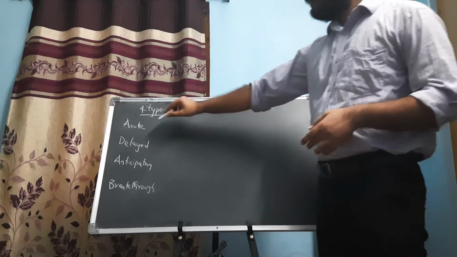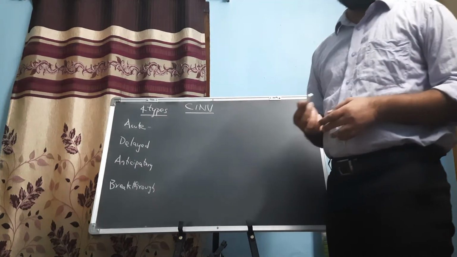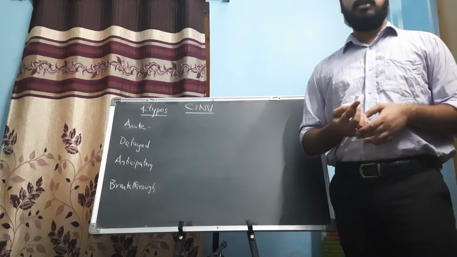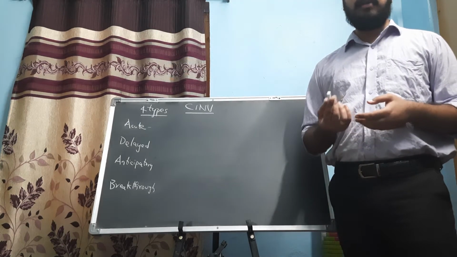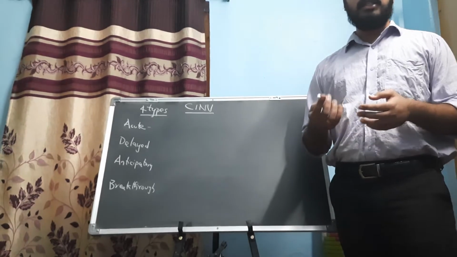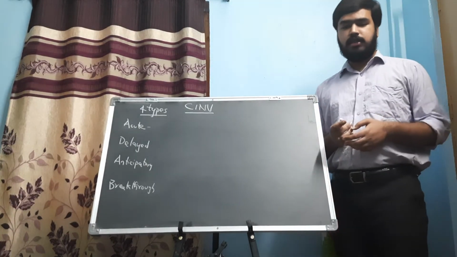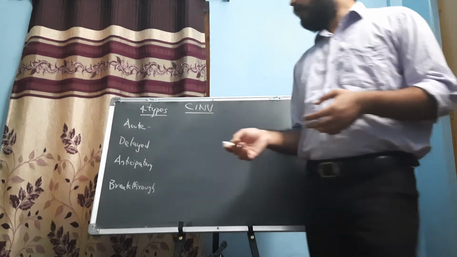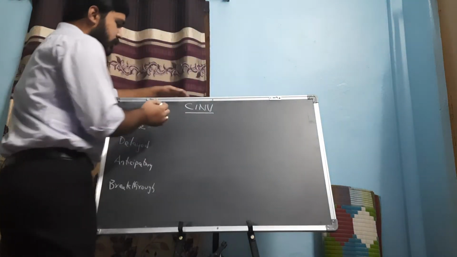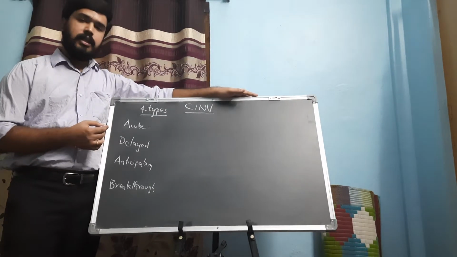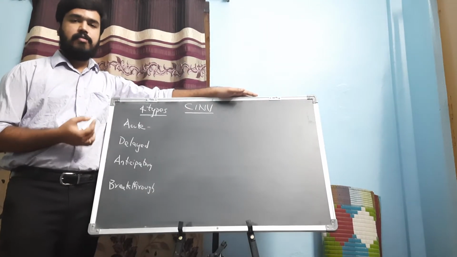So, acute chemotherapy induced nausea and vomiting is the one which involves the onset of emesis ranging from minutes to hours after chemotherapy administration. This acute type of CINV usually peaks in 4 to 6 hours after administration.